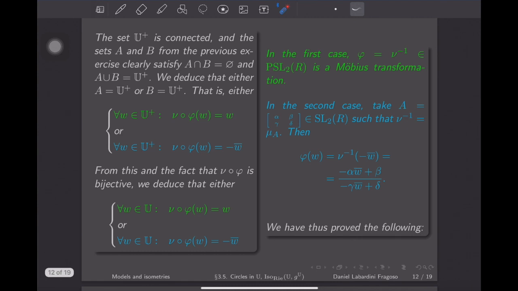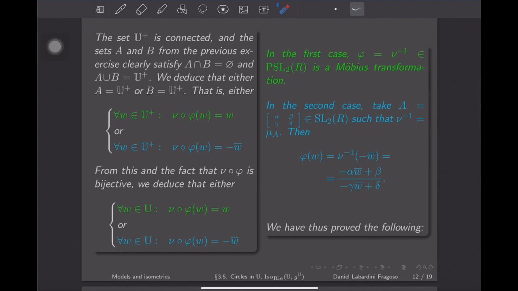In the first case, what I obtained is that phi was the inverse of this one. So in the first case, the Mobius transformation that I chose to send them back is precisely the inverse of phi.